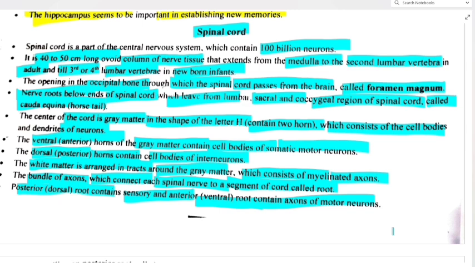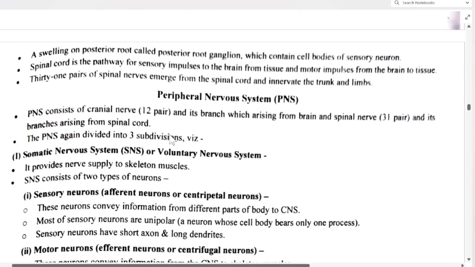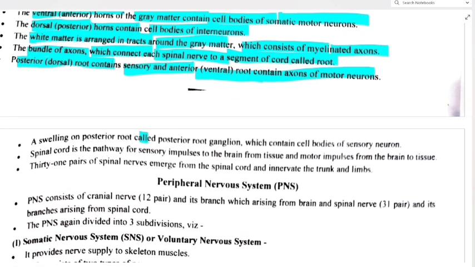The bundle of axons connect each spinal nerve to a segment of cord called root, and posterior root contains sensory and anterior root contains axons of motor neuron. Is it clear? A swelling on posterior root is called posterior root ganglion, which contains cell bodies of sensory neuron.